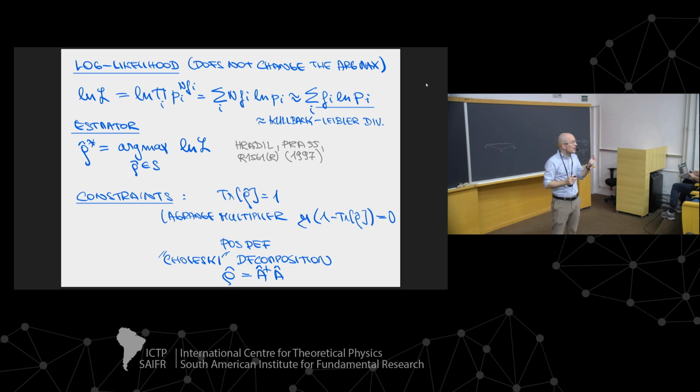Second condition, positivity or positive semi-definiteness of the quantum state. We can easily use such a decomposition. Cholesky is the original name of the guy who worked with this. In the Cholesky decomposition, the matrix A is an upper or lower triangular matrix.